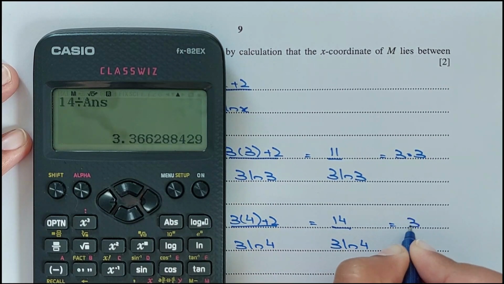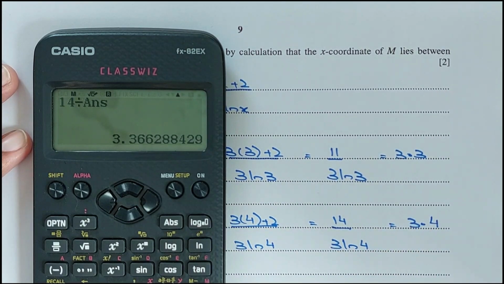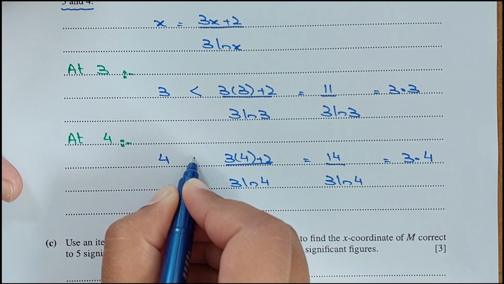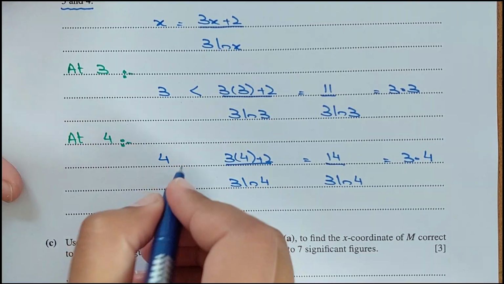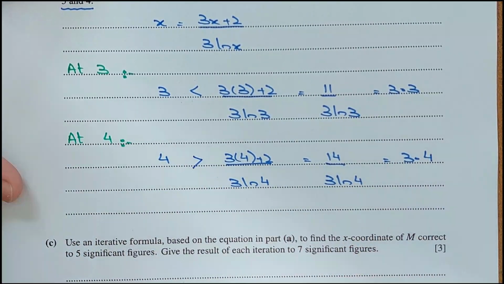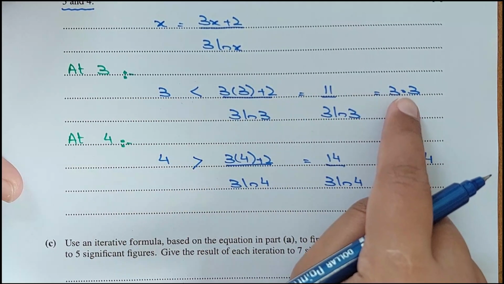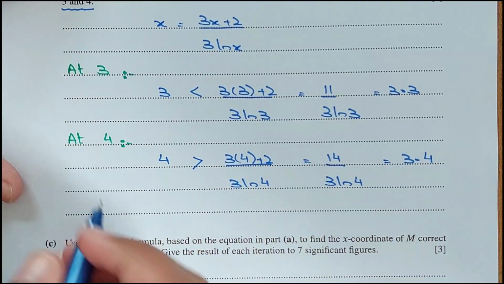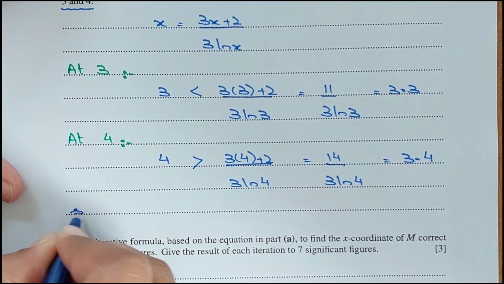This is 3.4. So 4 is greater than 3.4, right? 3 is less than 3.3 and 4 is greater than 3.4. So a sign change occurs.